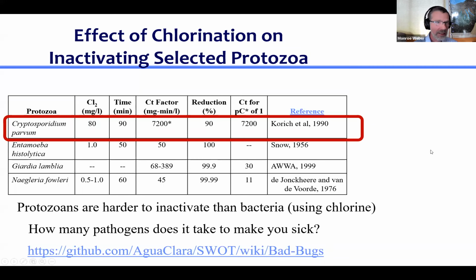Look at that number, 7,200. A huge CT, concentration times time, required to kill cryptosporidium. Basically, it means that you can't kill cryptosporidium by chlorinating and have chlorine levels that anybody will be willing to drink. So protozoans are harder to inactivate than bacteria.